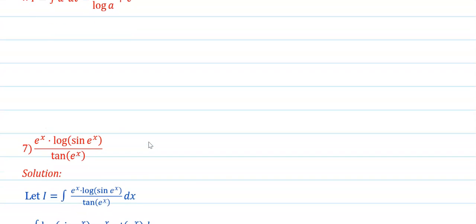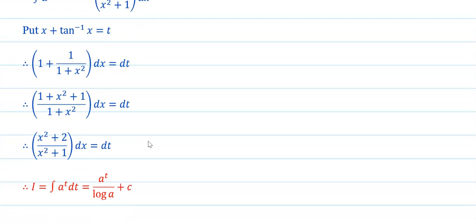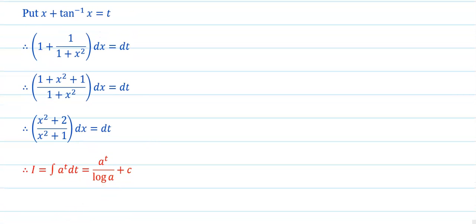Okay, now resubstitute the value of t. Therefore I will write the answer a raised to, what is t? t is x plus tan inverse of x, upon log of a plus c, and this is the answer.